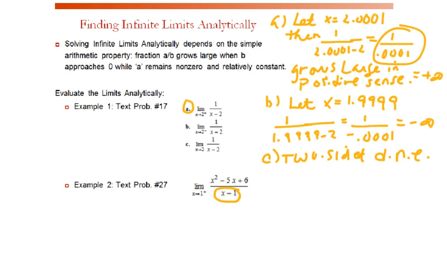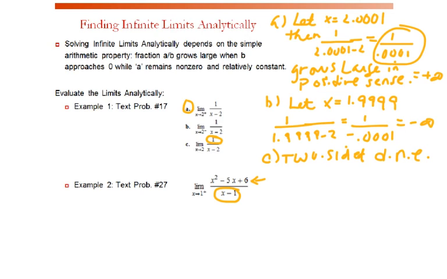But what's confusing, the other problem was nice and neat because we had one up top. But up top over here, we have something different. We have a number, essentially. So let's just substitute in 1 and see what we get.